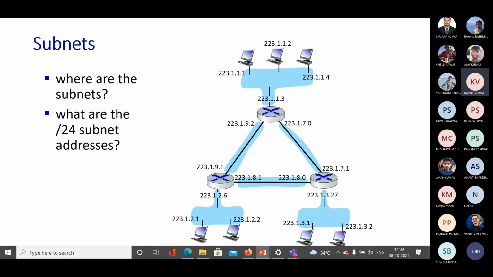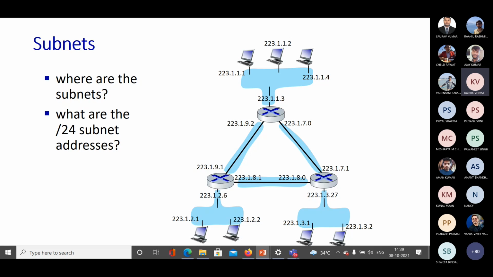Remember that the definition of a subnet is that you can reach from one host to another, or one interface to another, without moving through another router. Can anybody give an answer to this question? How many subnets are there? Can the network of the central routers be considered a subnet?